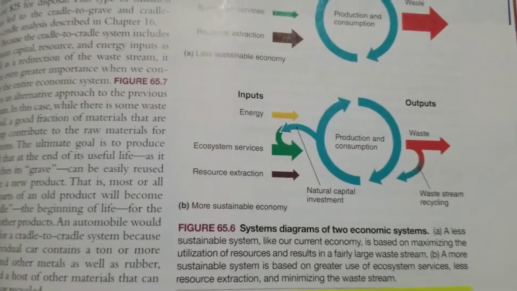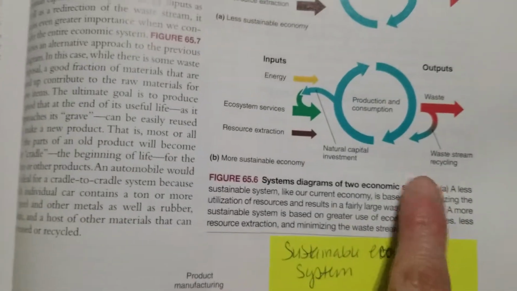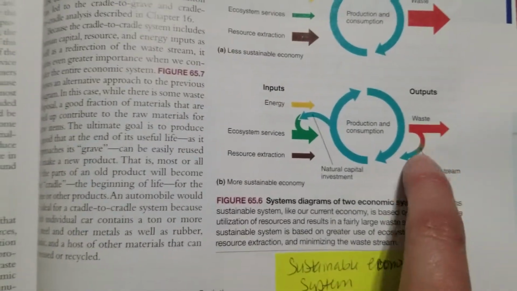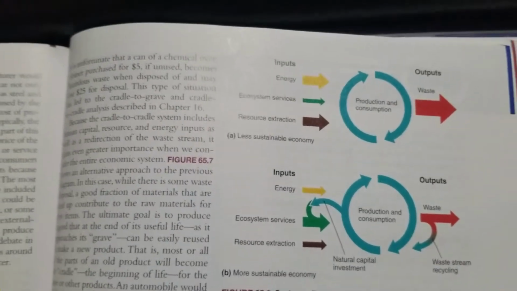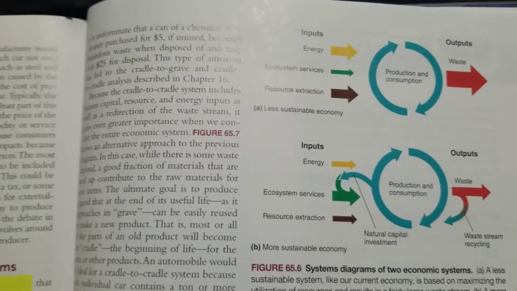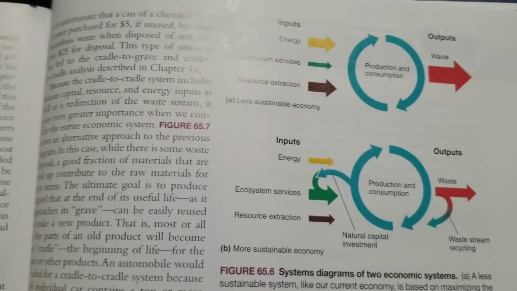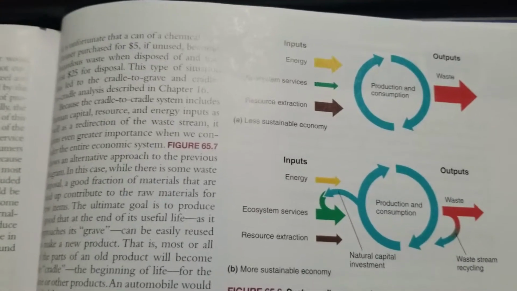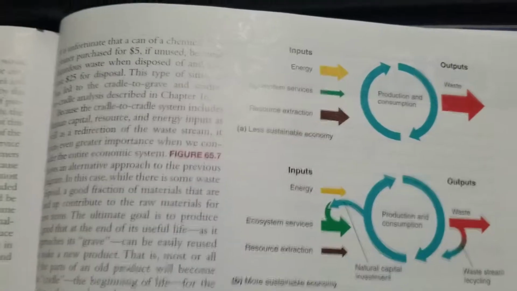And then the outputs are a small amount of waste and lots of waste stream recycling. So just meaning taking it out of the waste stream and recycling it back into something. And so this is much more sustainable. And that's kind of what countries need to go towards, is something along those lines. And that would be more like cradle to cradle, rather than cradle to grave, as in the top picture there.